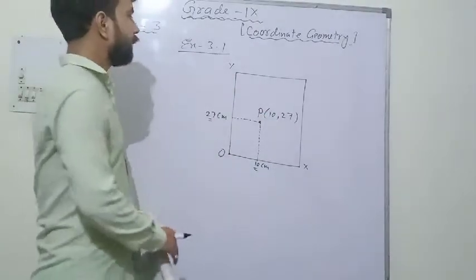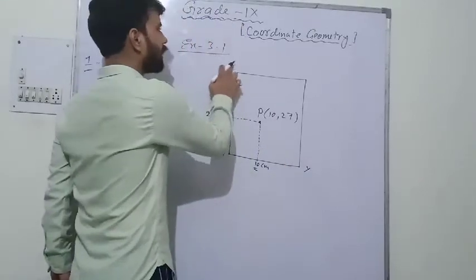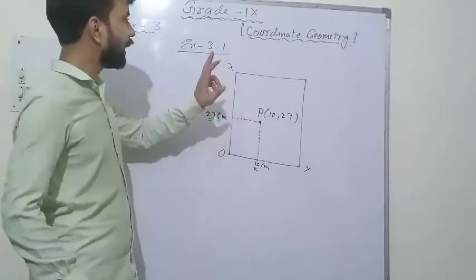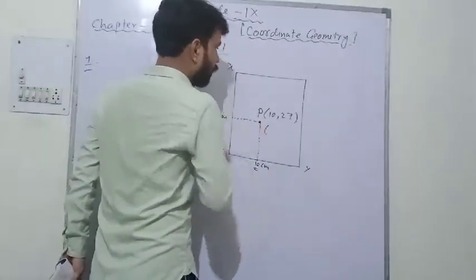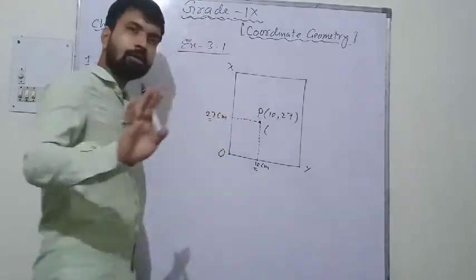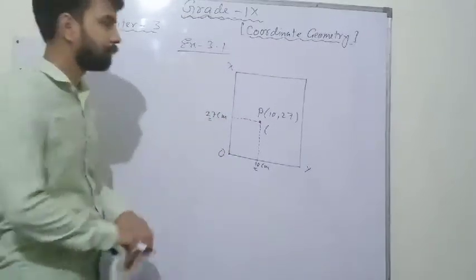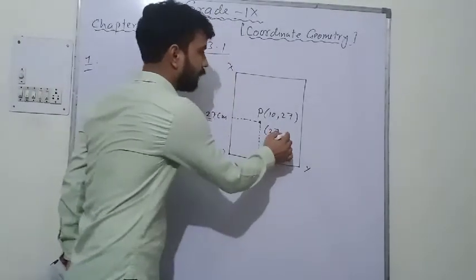But if somebody considers this axis as the y-axis and this as the x-axis, then I told you that you have to write the point on the x-axis first. So the position of this point is now changed. Now the point on the x-axis is 27 and the point on the y-axis is 10.